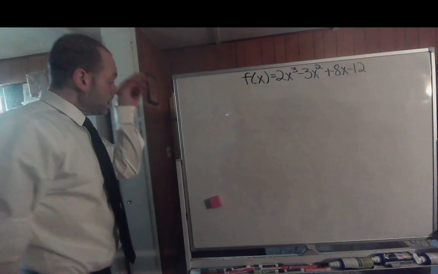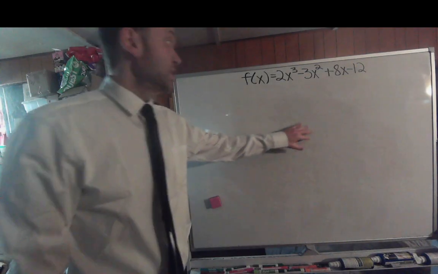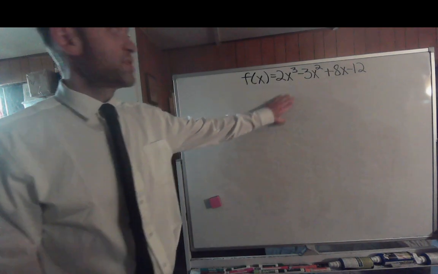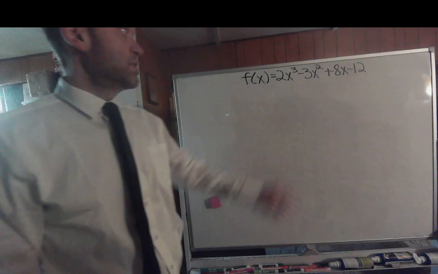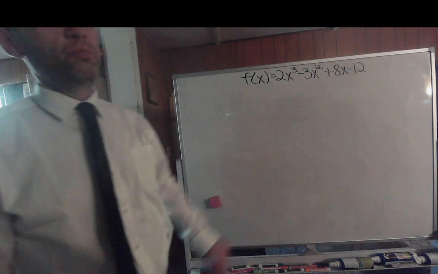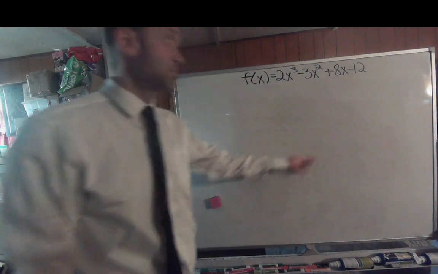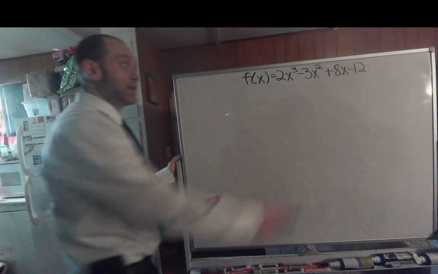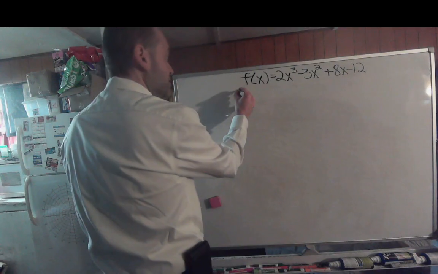Well, we honestly don't really need to use synthetic division. If you look at this, it's a degree 3 polynomial, which means we should have 3 zeros in the complex number system. We can actually factor by grouping. There's no need to break out synthetic division.